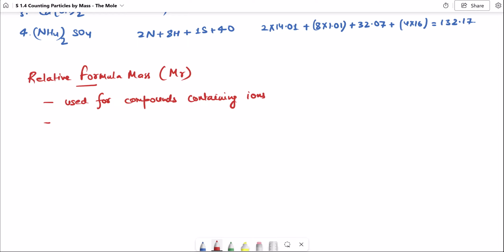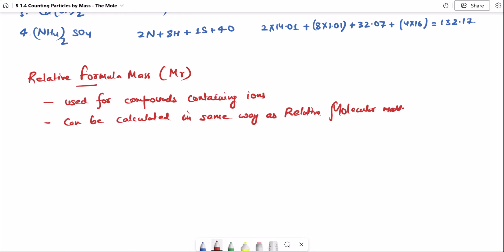And it is calculated in the same way as we calculate the relative molecular mass.